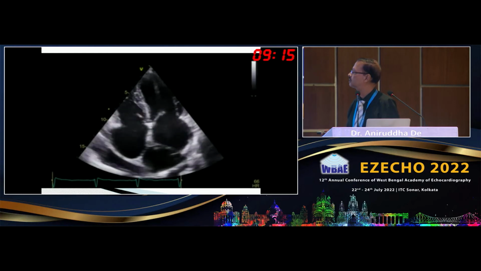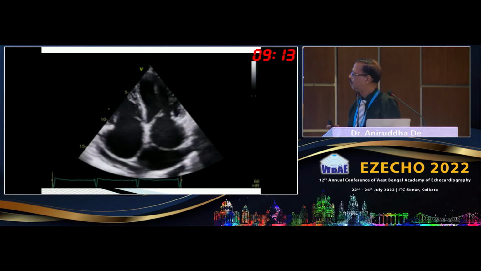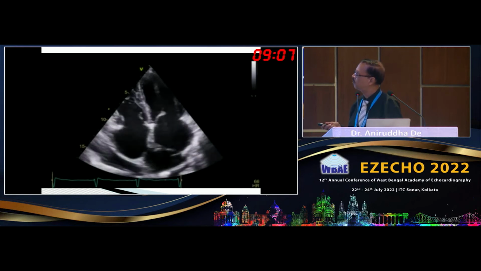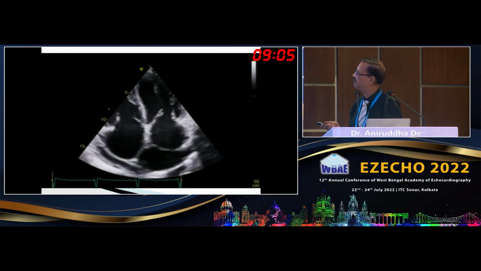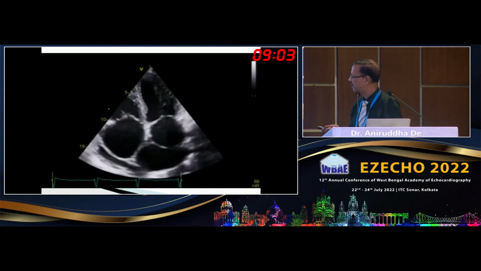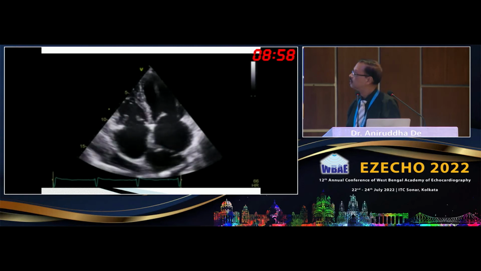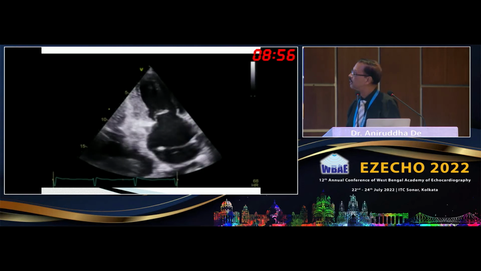Now go to the next pictures. Now it is clear to everybody what it is. But still the mitral valve shows tethering of the posterior mitral leaflet and some prolapse of the anterior mitral leaflet. This is another view.